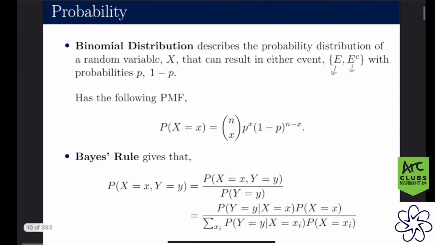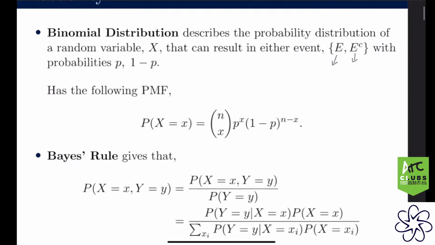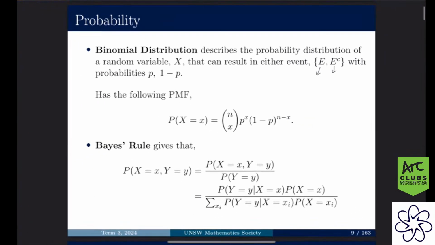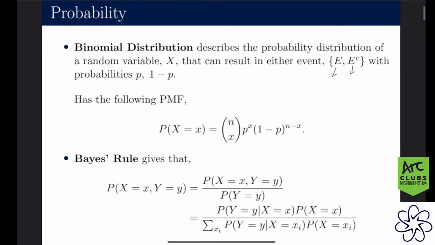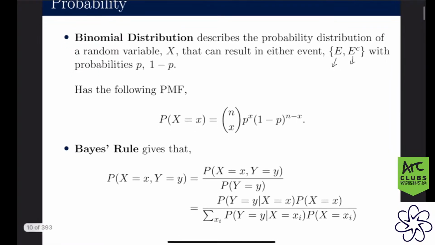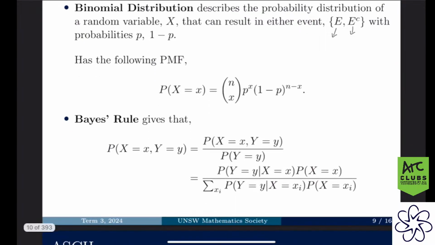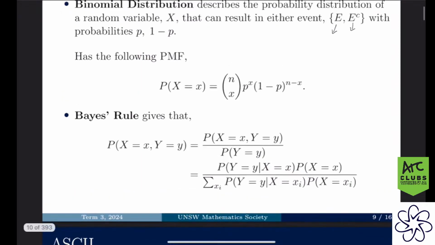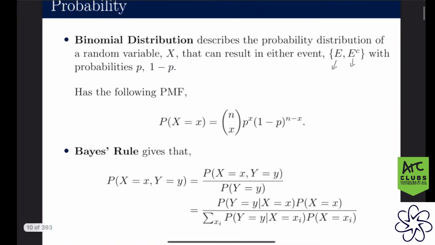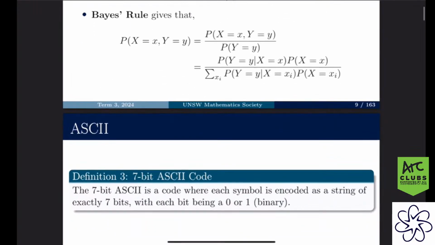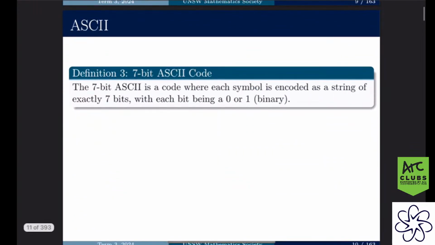And it has the following probability mass function, which is a descriptor of the probabilities. We also have Bayes' rule, which gives us the probability of an event X occurring given that a different event Y occurred. This will be covered later as well. So finally, we move to our first code.